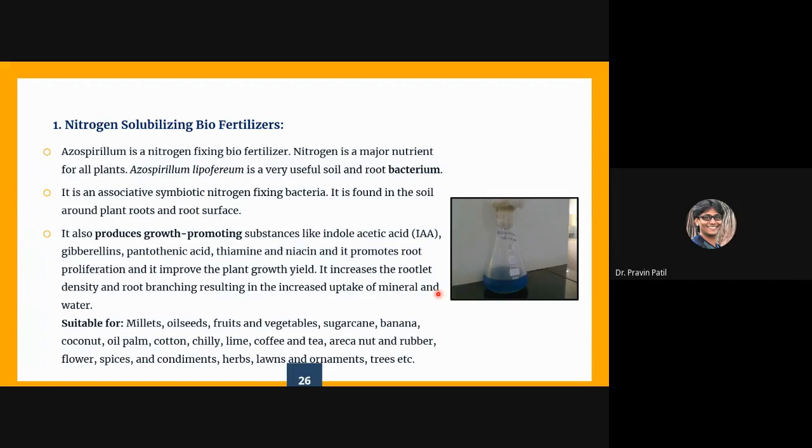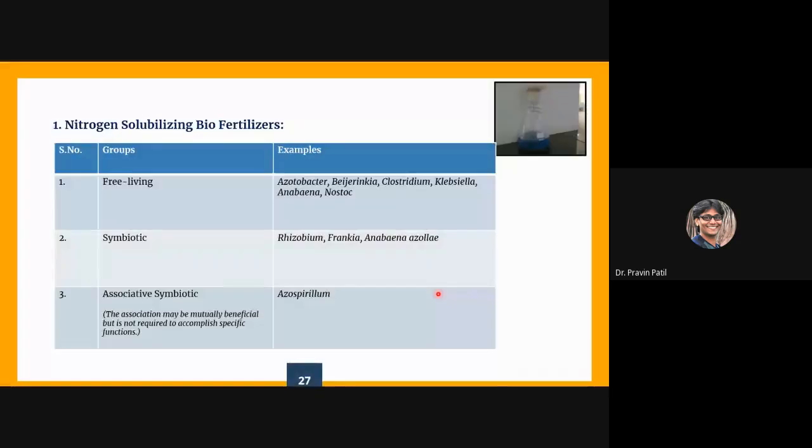Those who have worked in plant biotechnology must know that indoleacetic acid and gibberellins are the major growth hormones which are involved in the growth of a particular plant. So this can also be provided by these bacteria. This Azospirillum is mainly suitable for oil seeds, fruit and vegetables, sugarcane, banana, coconut, and etc.